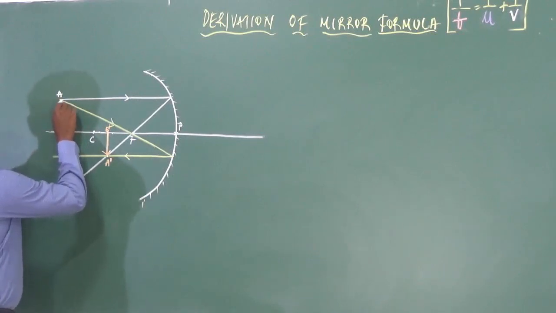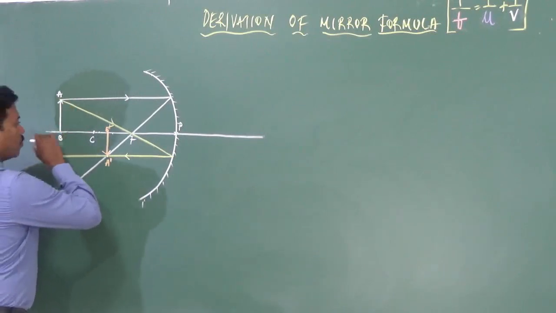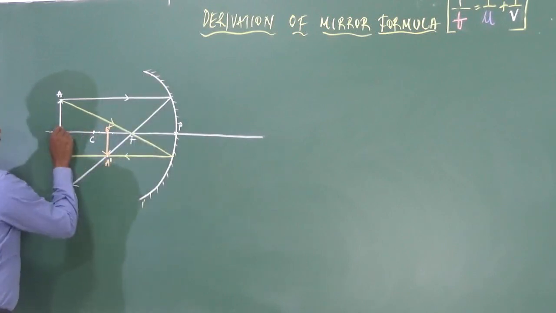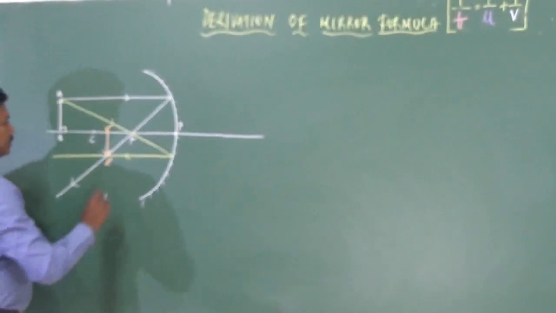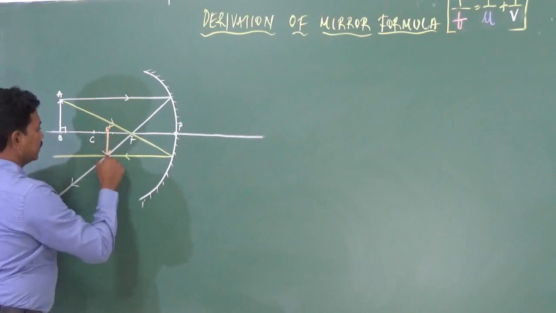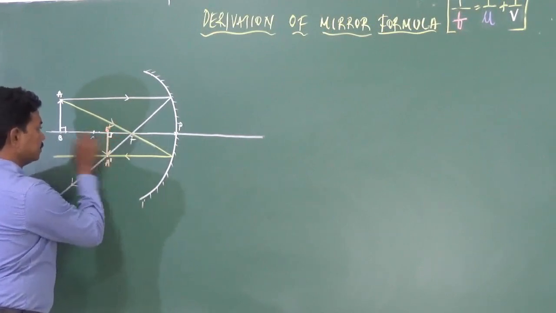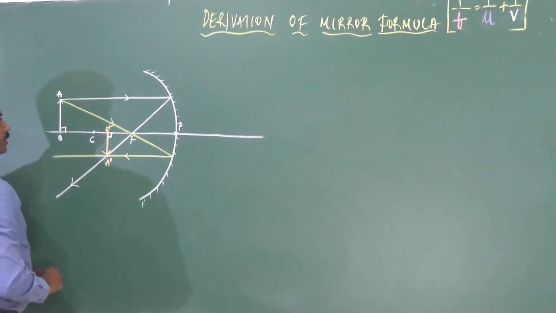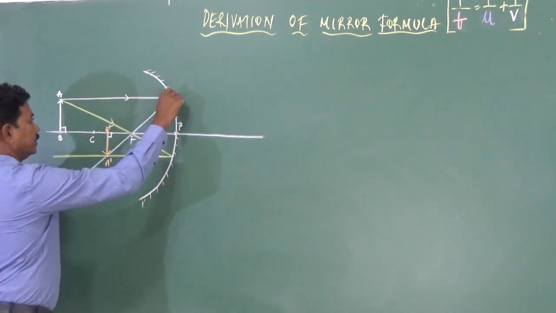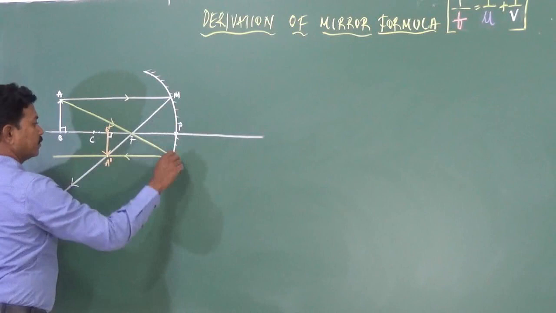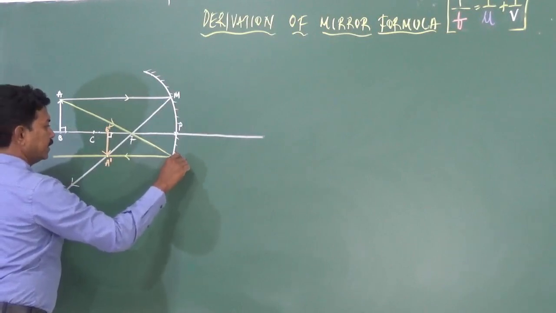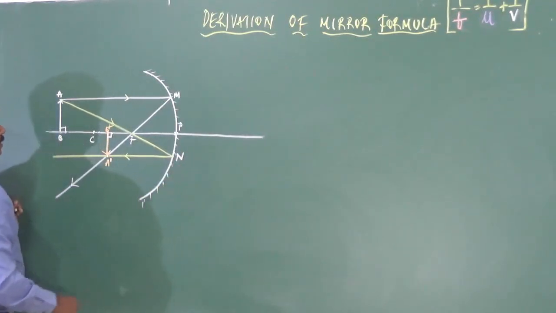Here we assume that the object is above the principal axis and perpendicular to the principal axis. Here also the image that is formed is below the principal axis and perpendicular to the principal axis, right? Okay, I will call this point M, and this point N, for our reference, right?